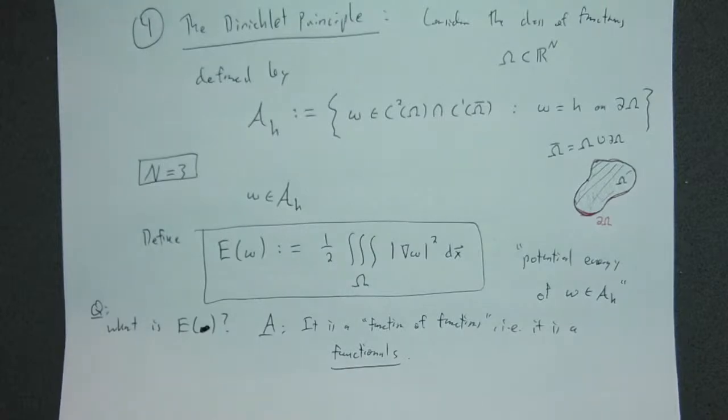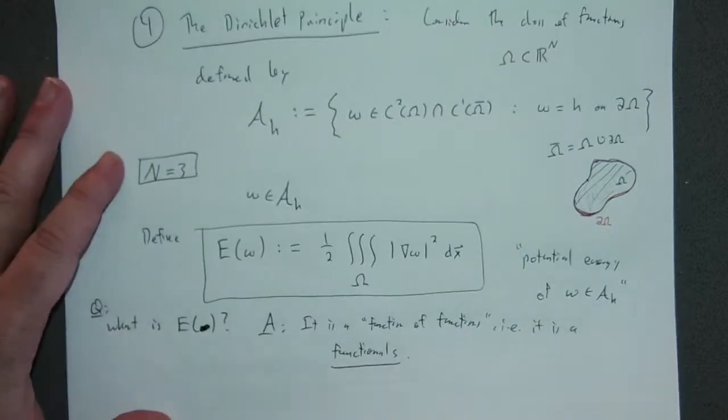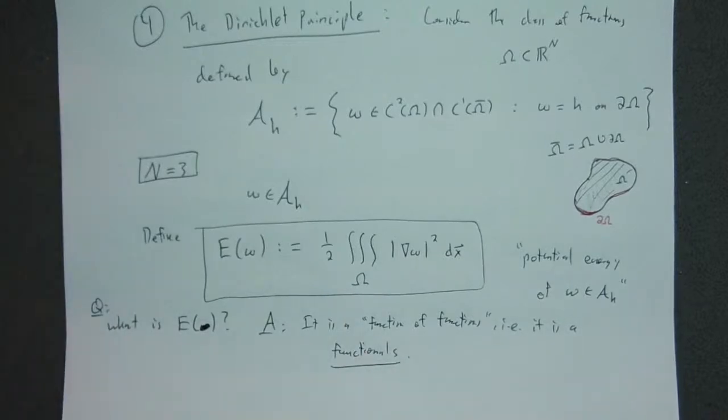That's what you define your I to do. So I takes a function f and assigns to it a real number, which is its integral from a to b. That's an example of a functional. You've seen that before, but maybe you didn't think of it as a function of functions, or a functional.